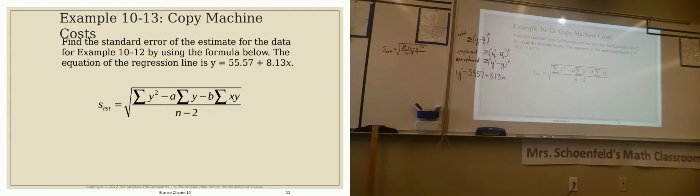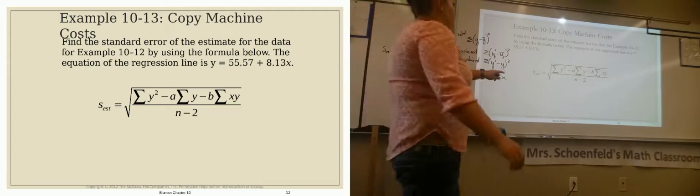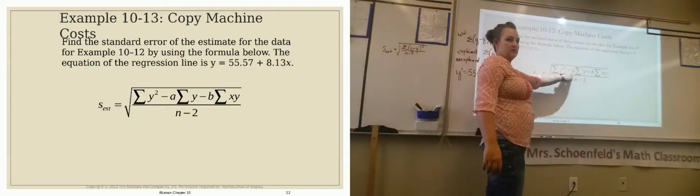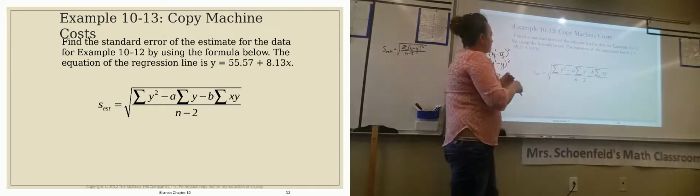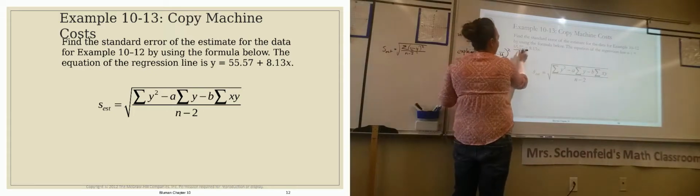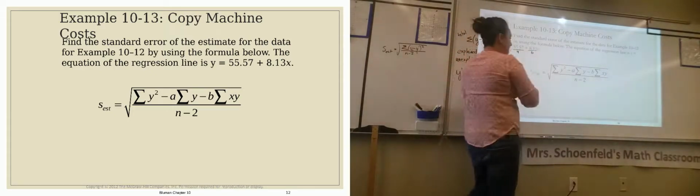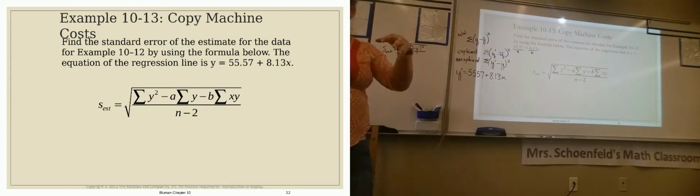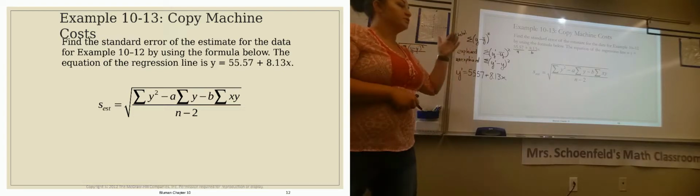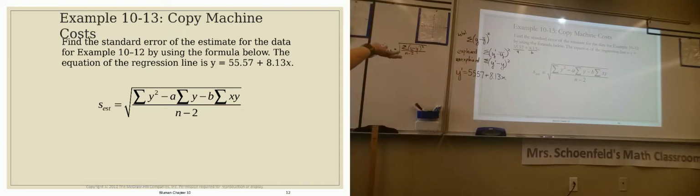We didn't have y squared though. A and B: B is your slope and A is your y-intercept. So this guy is the A, this guy is the B. If I forget those, I picture it in my calculator and it says A plus BX, which is always backward because B used to always be our y-intercept.